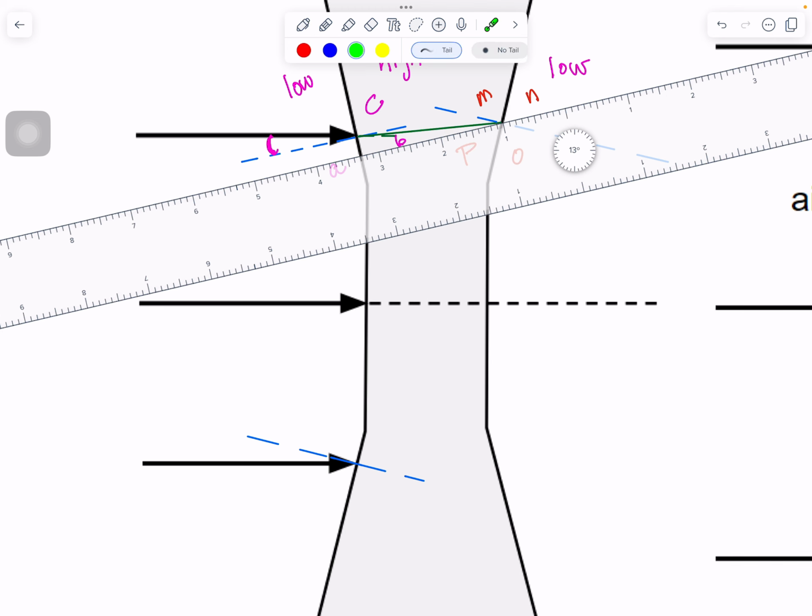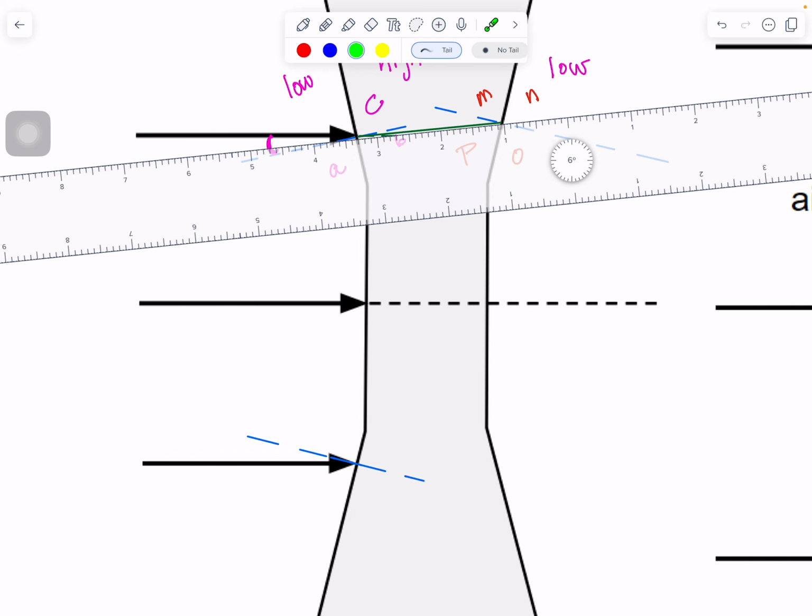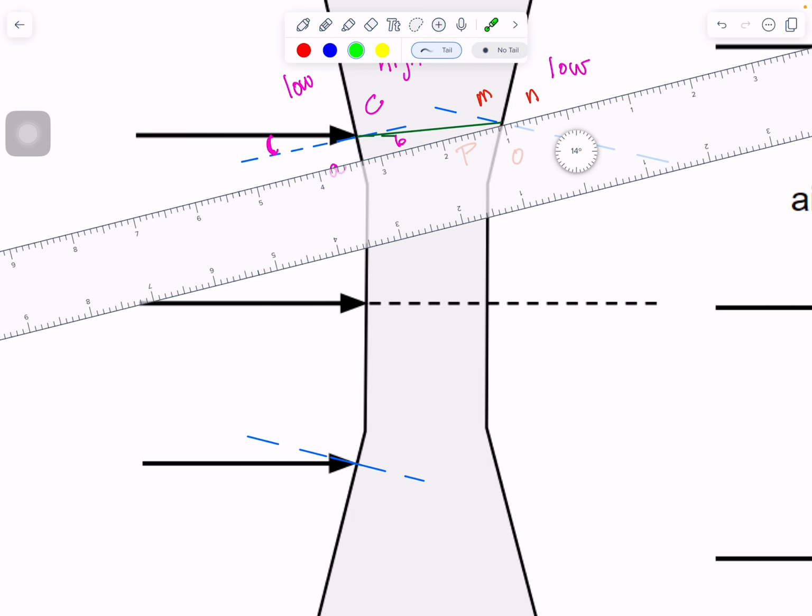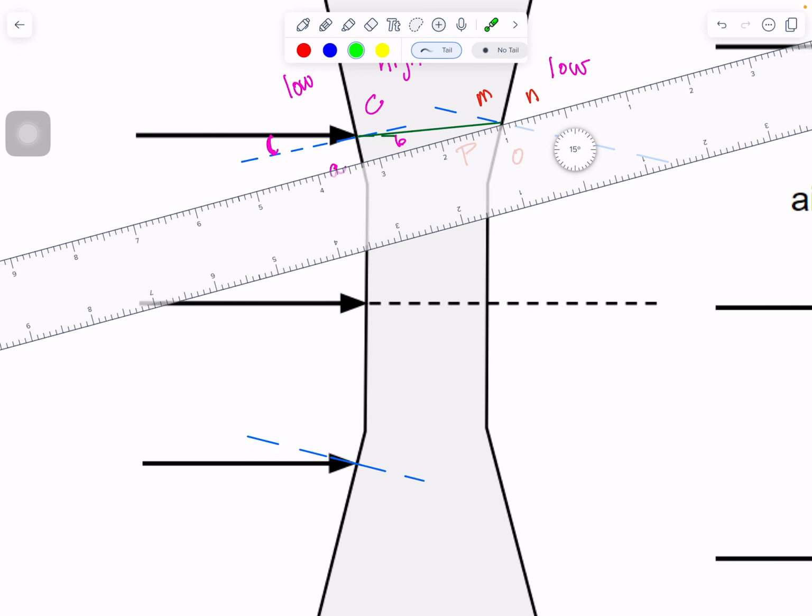Because remember, the normal is this line. It's not going to go over there. It's that line, and this is no refraction. This is bending away. And so that is where my line is going to go.